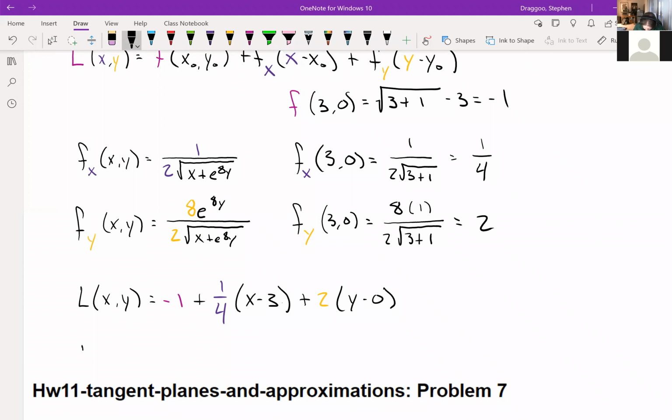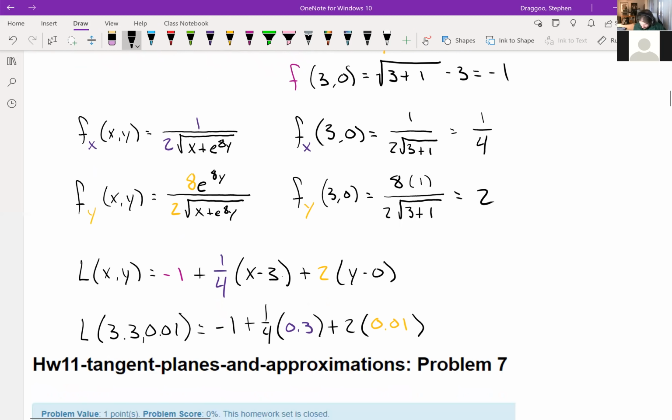I also need to get my linearization at 3.3 and 0.01, which will be -1 plus 1/4 times 0.3 plus 2 times 0.01. Just the differences in the x and the y values get plugged in there.